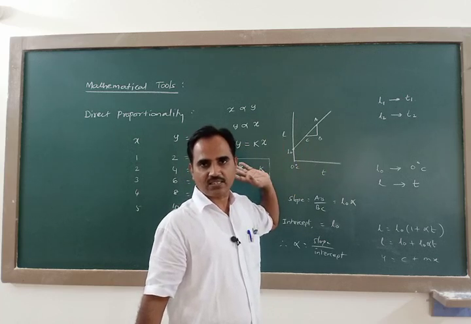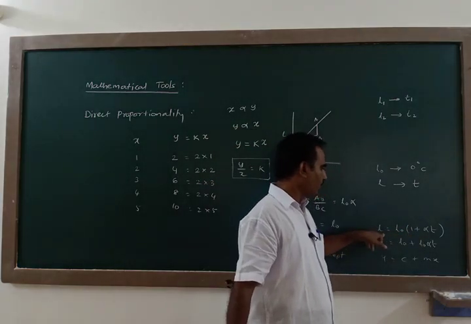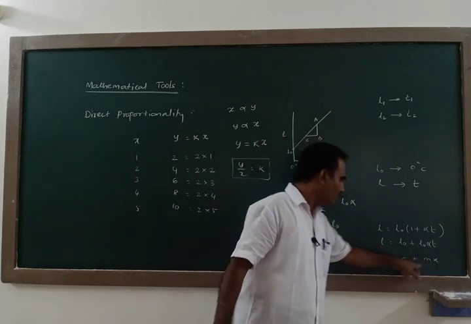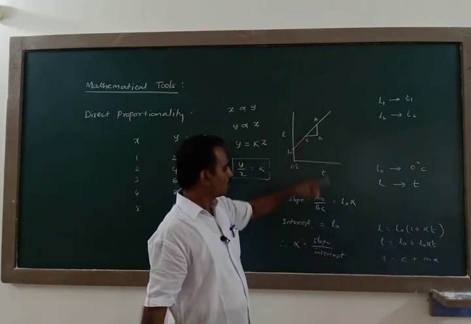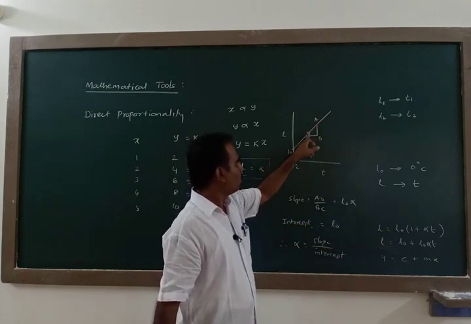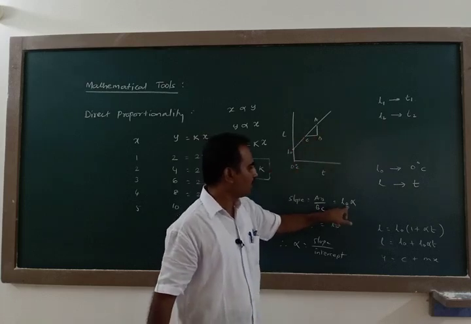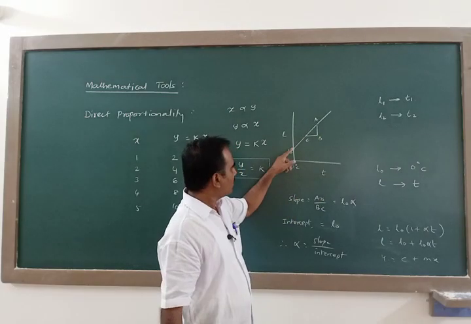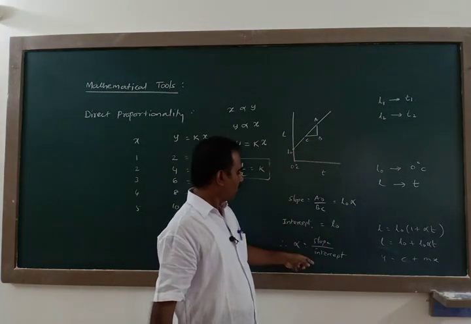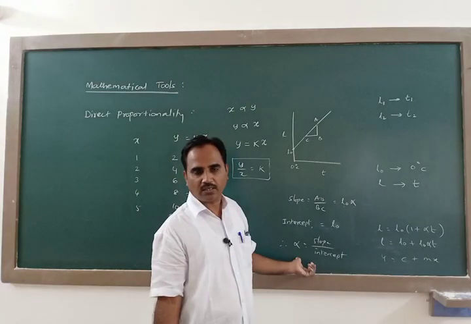If the question is asked like this, since the relation between L and T is this one, and this equation is of this form, this m stands for slope and c stands for intercept. So you take 2 points A and C, construct a right angle triangle and find the slope. That slope will give you L naught alpha, and this y-intercept will give you L naught. From that you can find the coefficient of linear expansion of the material of the wire.